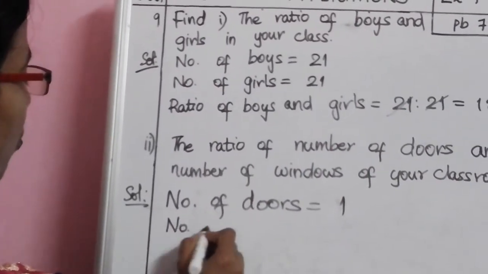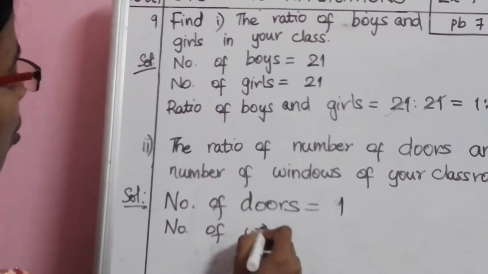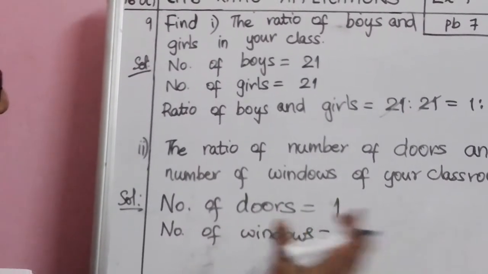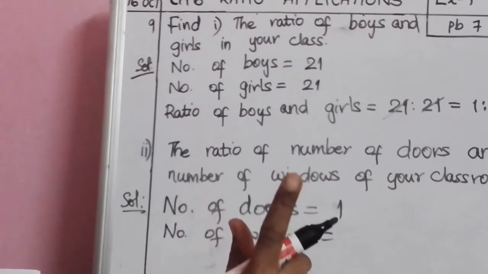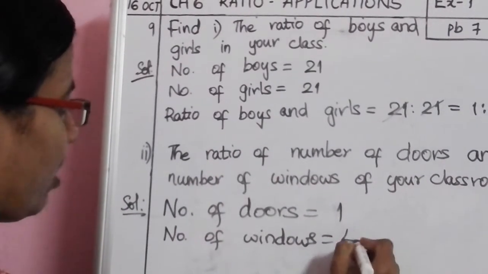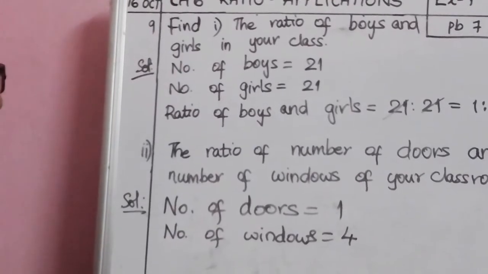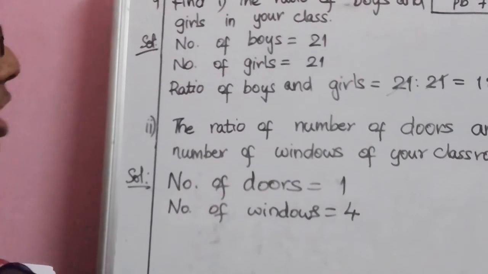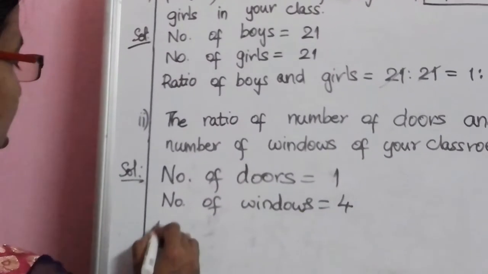Number of windows. How many windows are there? Beside the door there is only one window, and this side 3 windows are there. So, total is 4 windows. Okay, if your class is having more windows, you can take that.